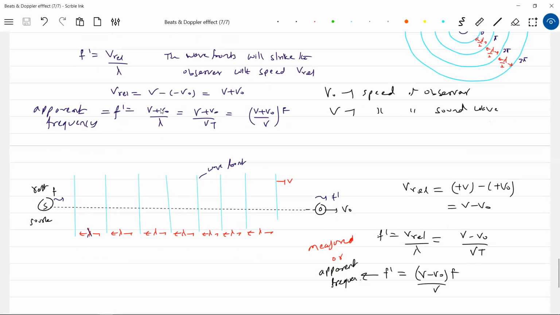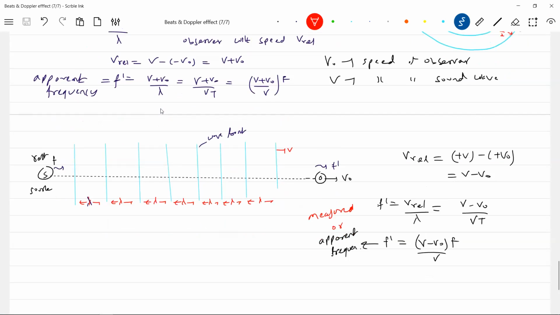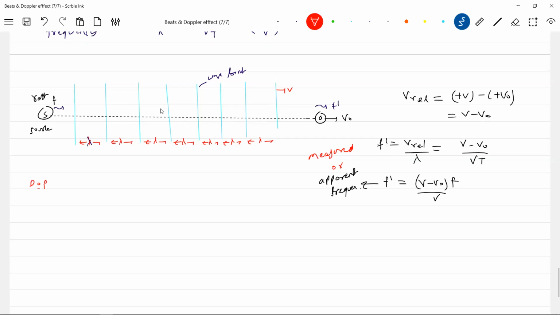So shall we make a definition for the Doppler effect? What is the Doppler effect?